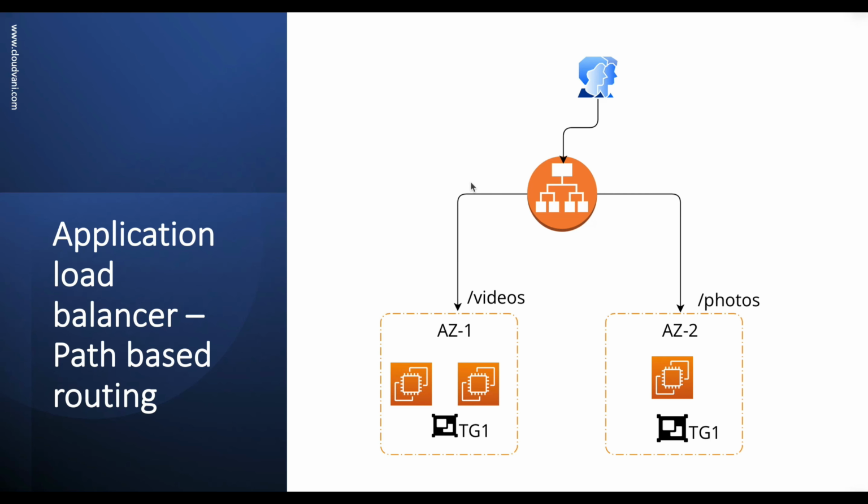You can specify how long the connection stays on a particular target group, for example 10 seconds or 20 seconds, and then it can change to AZ2. This is to make sure a proper connection is established for a time being, and it serves the request based on what the user sent.